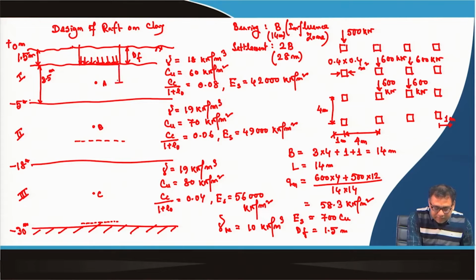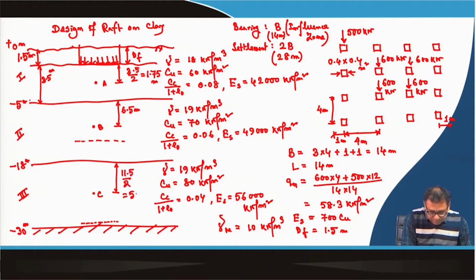So, this thickness is 3.5 meter divided by 2, which is 1.75 meter, and this one is 13 by 2, it will be 6.5 meter, and this one is 11.5 divided by 2, so this will be 5.75 meter. So, this way we have selected 3 points.